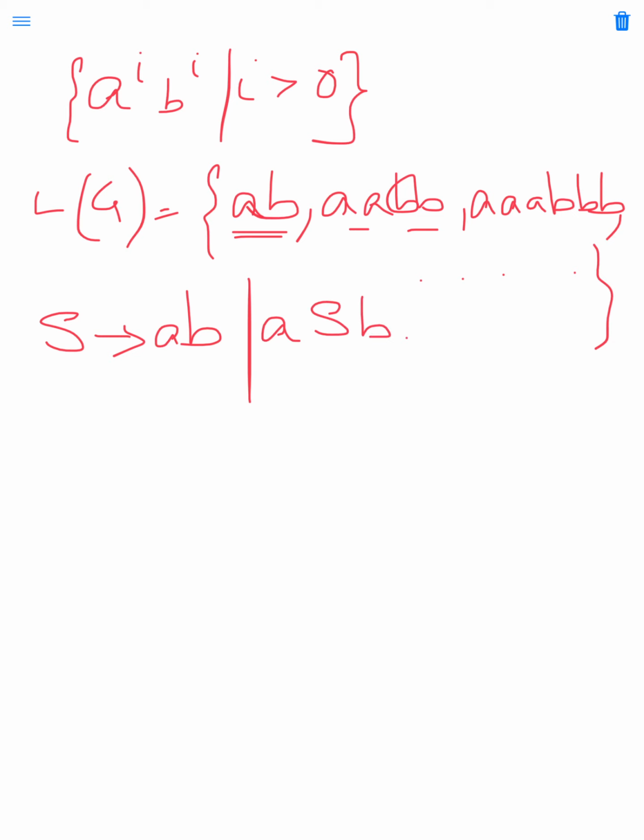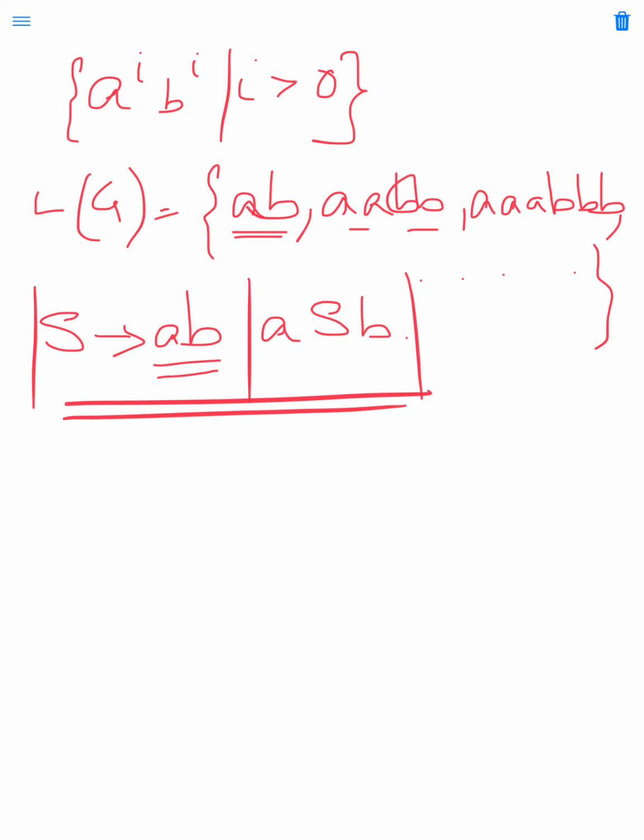Okay, so I understand the difference. Here the minimum string is AB, so instead of S gives epsilon, I have inserted S gives AB. If the minimum string is epsilon, then you have to insert epsilon as one of the productions. So this is the generated grammar for the given language.